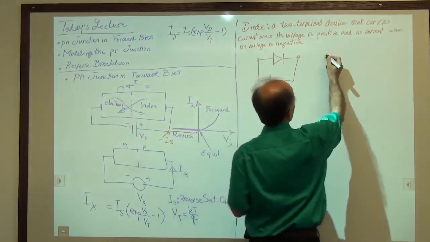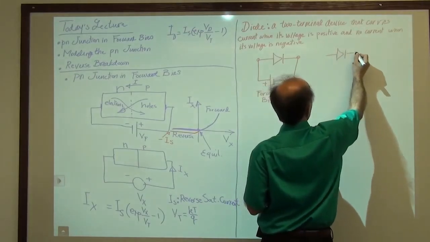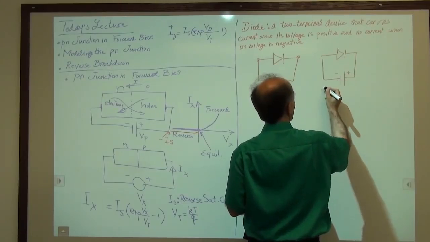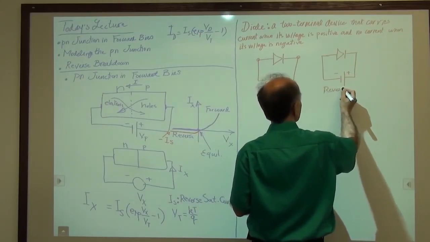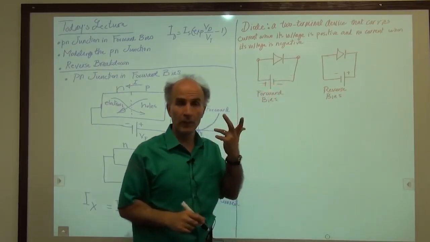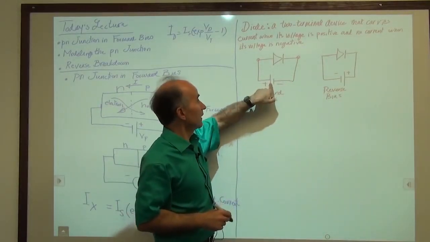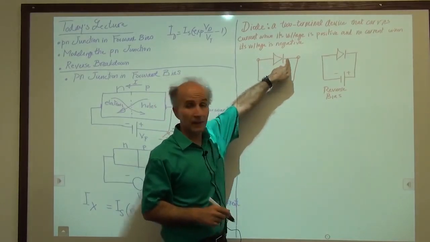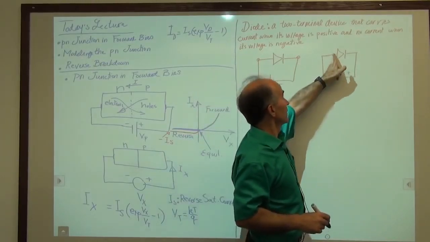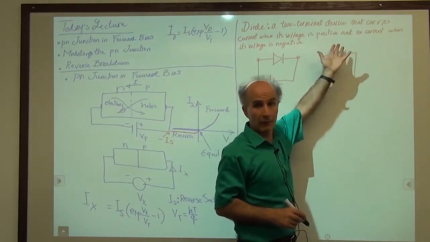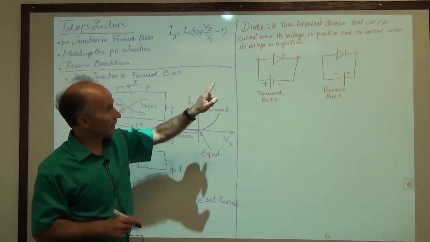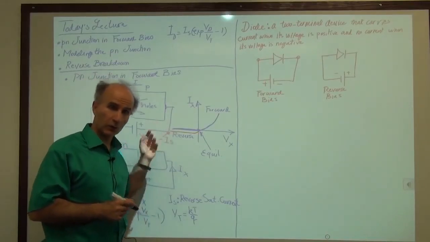And then if we draw it like this, but apply the positive side to the other side, then this will be reverse bias. This is something that we sort of have to memorize, that if this side is more positive than this side, we can have a current flowing this way. If this side is more negative than this side, then we can have no current. The current will be very small. It will be only this much. So that is the symbol for a diode, which we also use for a PN junction.